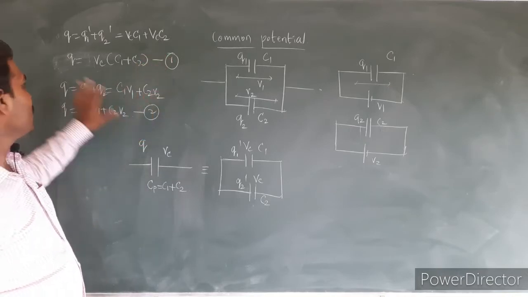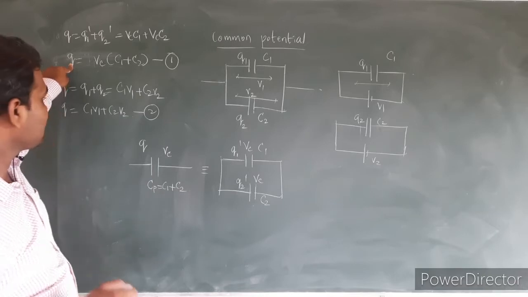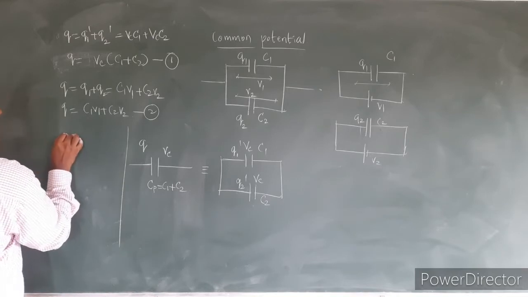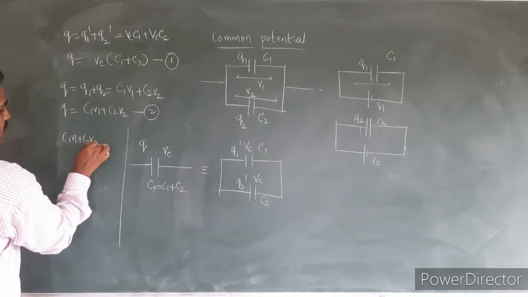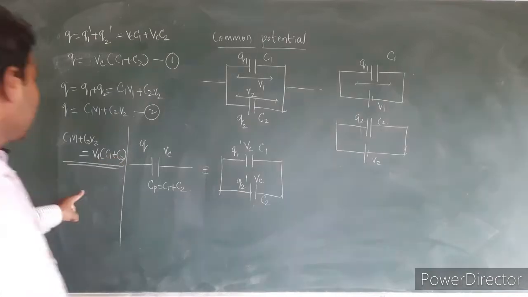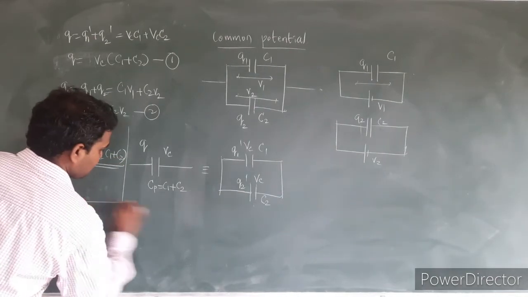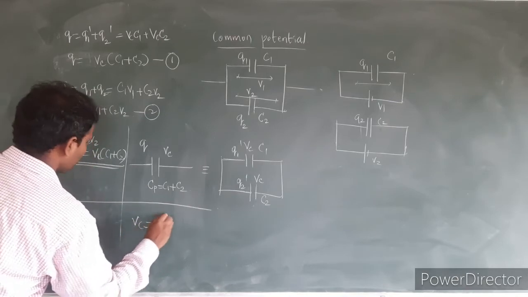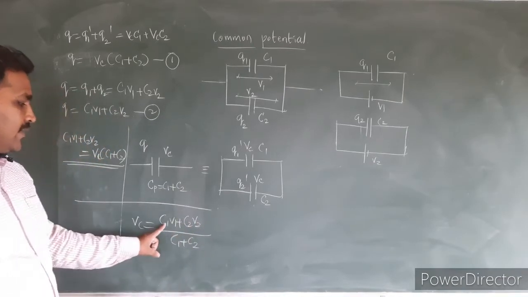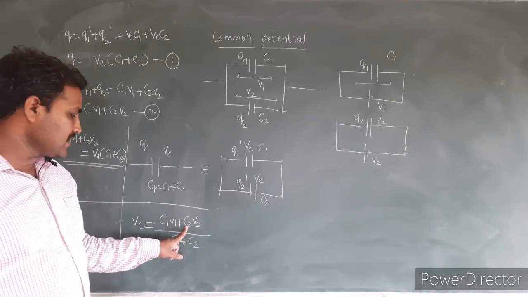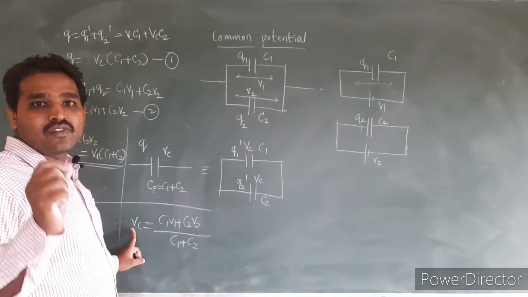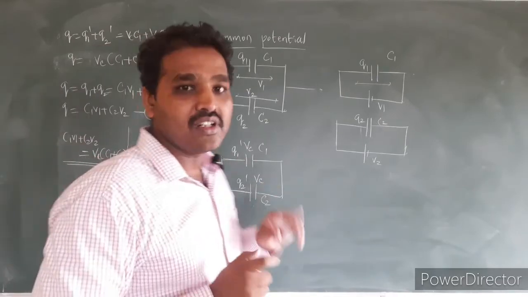From equation number 1 and 2, both are the equations for the total charge stored in the system, so I can equate them. So C1 V1 plus C2 V2 is equal to Vc into (C1 plus C2). The common potential is Vc is equal to (C1 V1 plus C2 V2) divided by (C1 plus C2), where C1 and C2 are capacitances of both the capacitors, V1 and V2 are the initial supply voltages, and Vc is the final common potential across the combination of the capacitors.